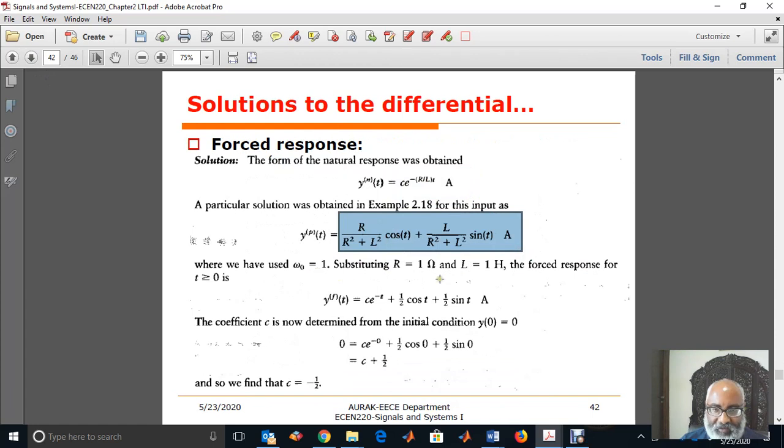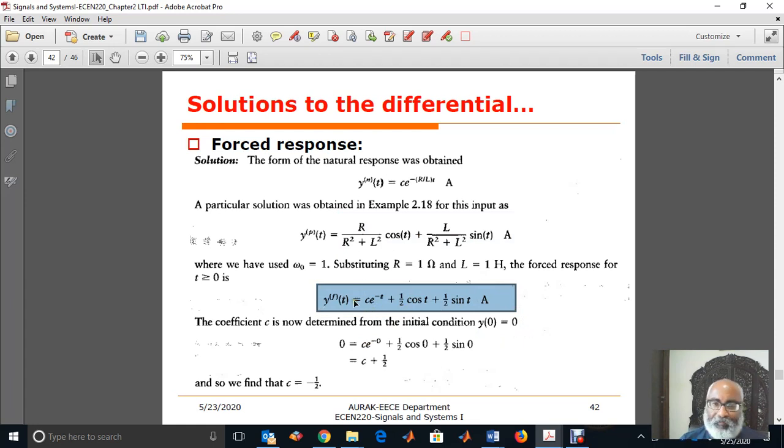Omega naught is 1, given. The resistance is 1 ohm. The inductor is 1 Henry. Then substitute everything. The forced response will be C e to the power of minus t plus half cos t plus half sin t. Now, to find the complete forced response, we assume the initial condition is 0.